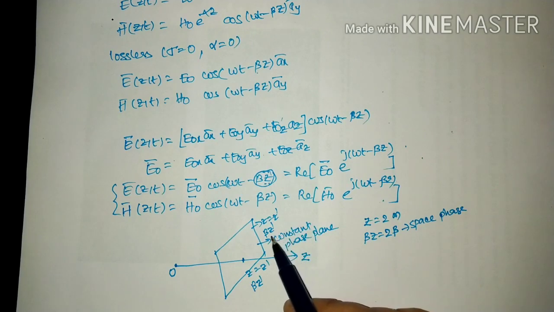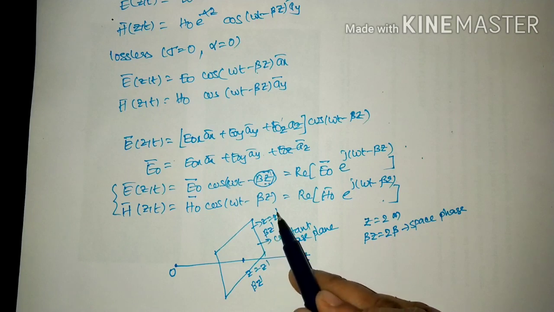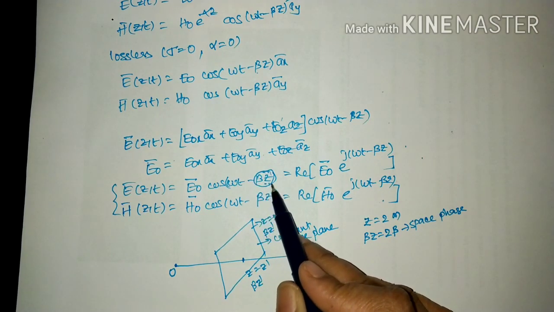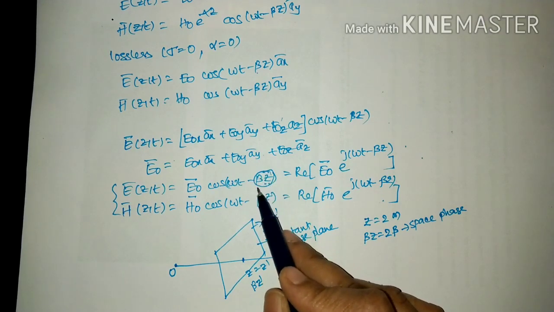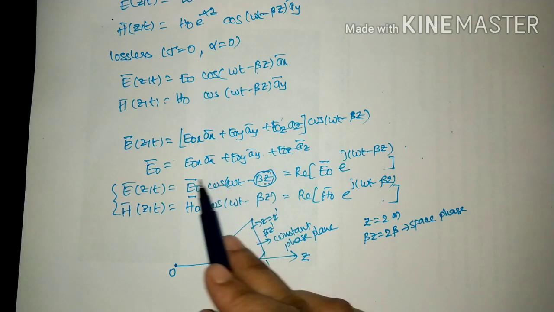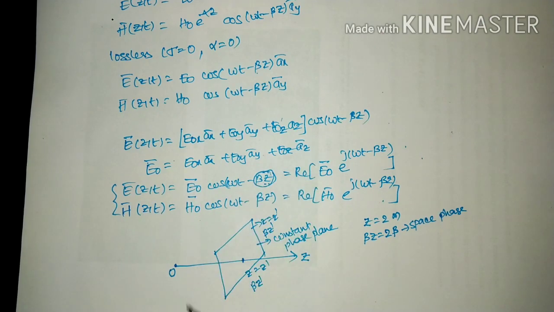If you are able to know the equation for this constant phase plane and the value of beta, then you will be able to determine the expression for the phase variation of the signal as the wave is propagating. So if you know this too, you can easily represent the electromagnetic wave propagating in any arbitrary direction.